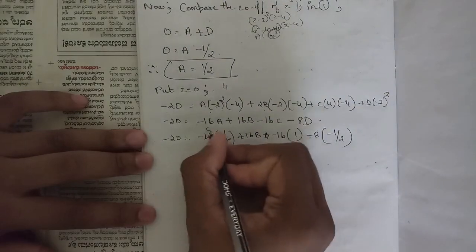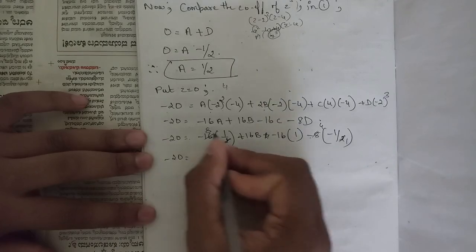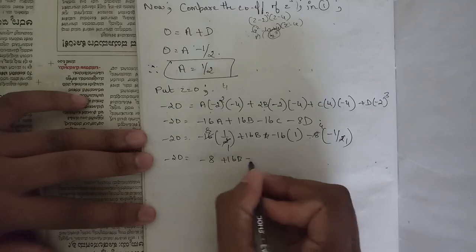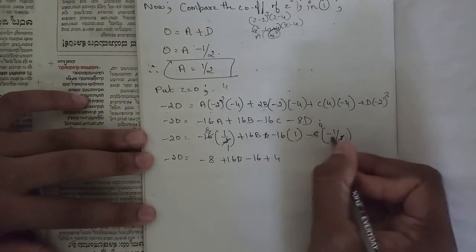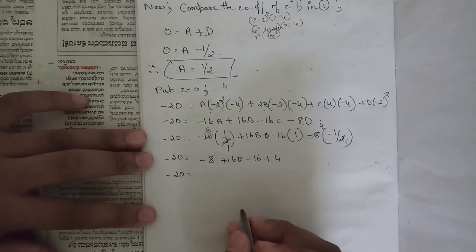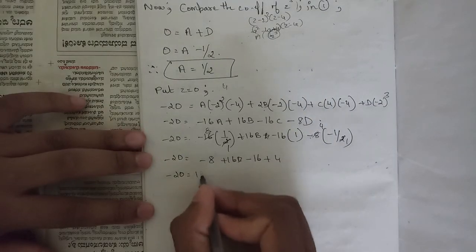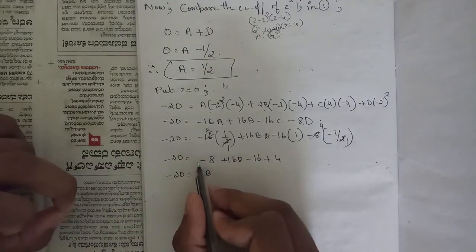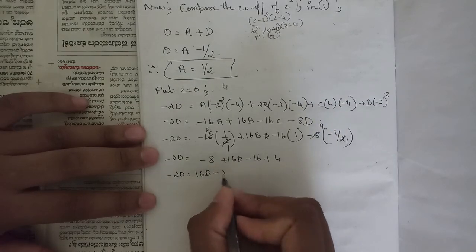So 8 into 1 by 2 is 4, plus 16B minus 16, plus 4, because minus 4 into minus 1 is plus 4, equal to minus 20. So minus 16 minus 8 is minus 24, plus 4 is minus 20.